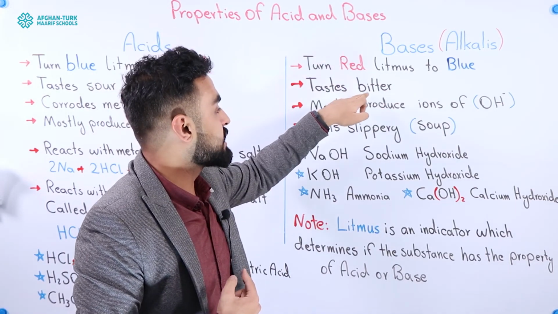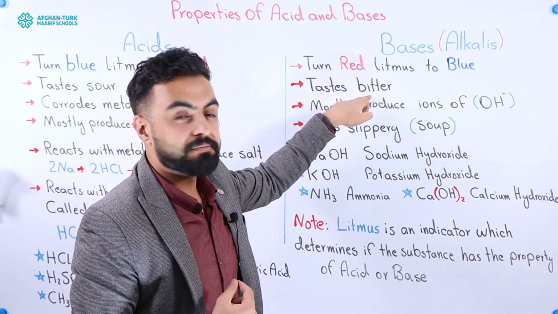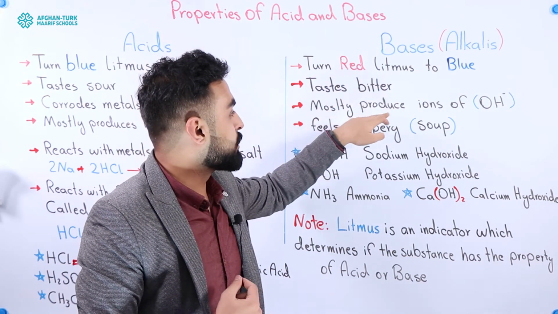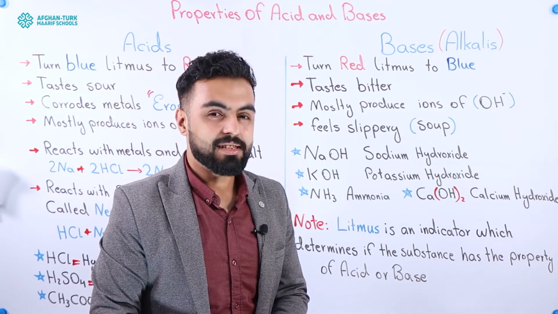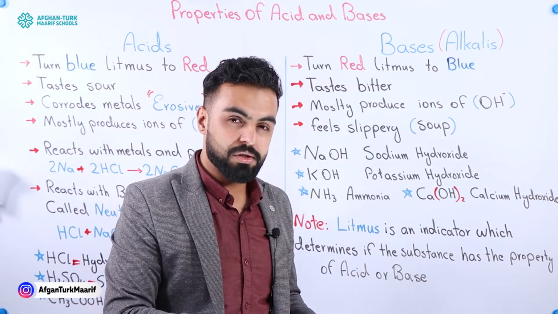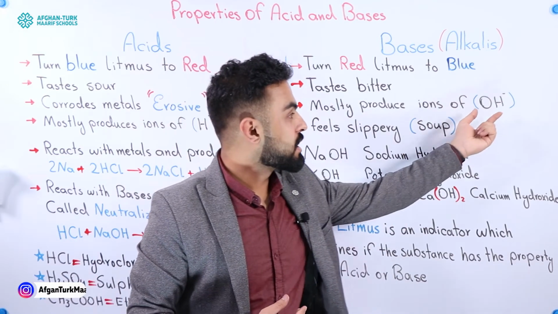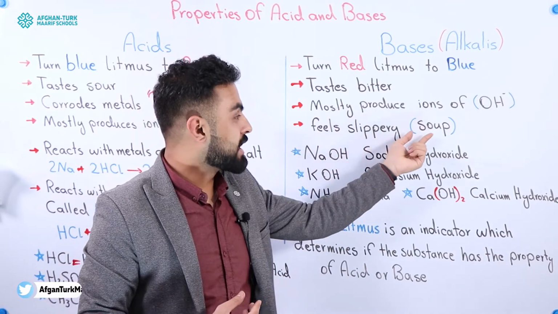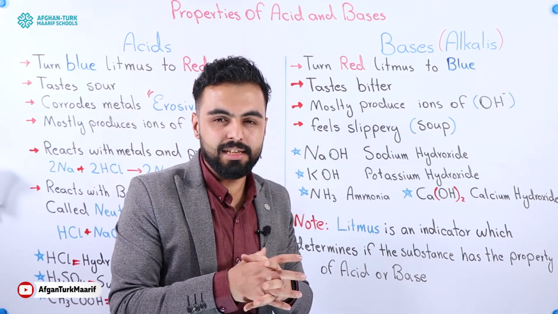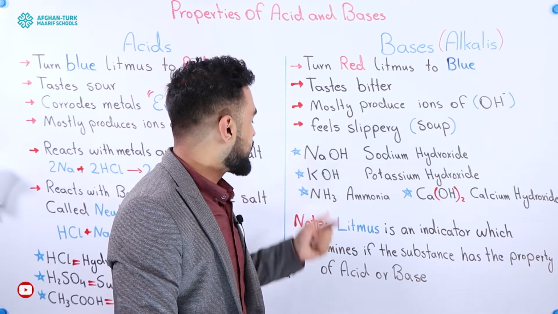It tastes bitter. And mostly they produce ions of OH. As Mr. Arrhenius defined, when we dissolve them in water, they will produce ions of hydroxide. Feels slippery like soaps. We cannot catch them in our hand tightly.